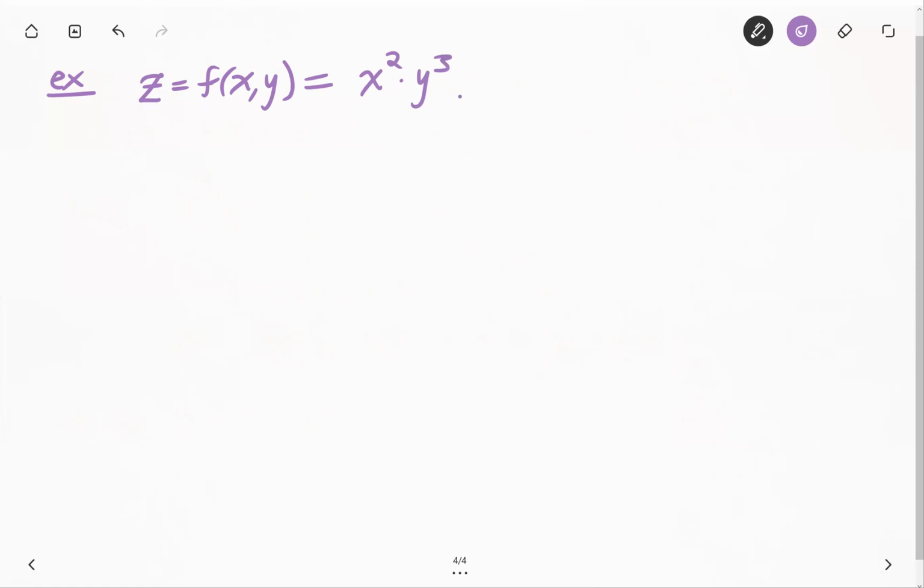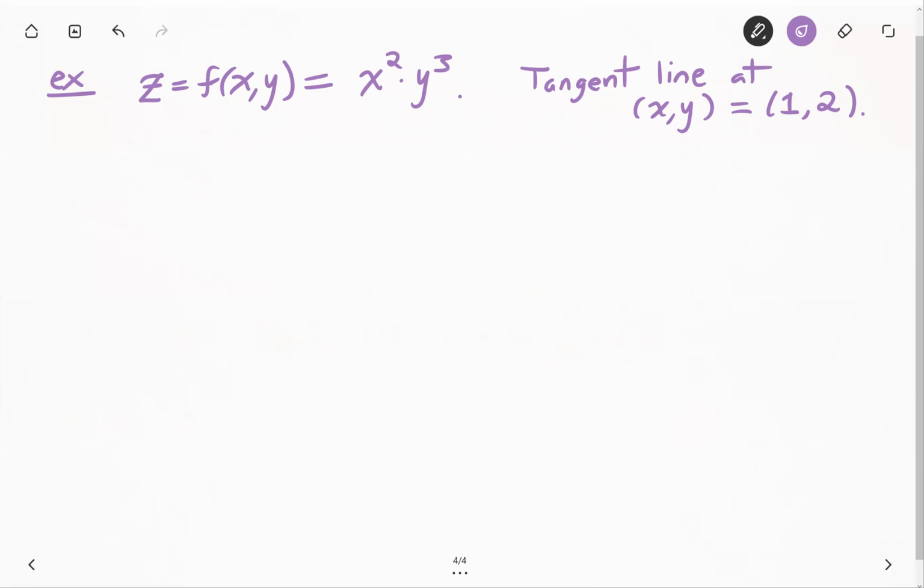And we want the tangent line at, say, x, y equals 1, 2. Right, so we need 2 pieces of information to write the equation of a parametric line. We need a point on the line as well as the slope of the line.